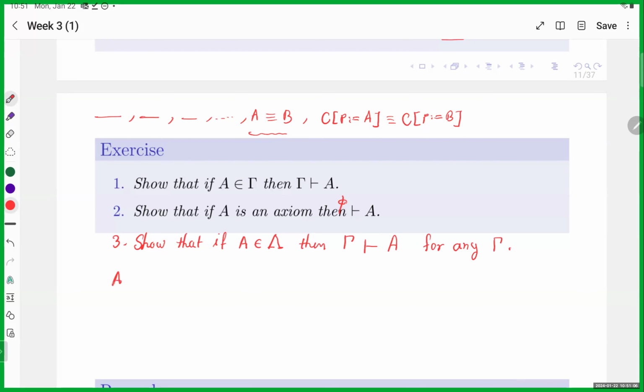At any step, I can write an axiom. So if A is an axiom, I wrote a proof for it. For example, P or P equivalent to P is an axiom. Therefore, it's an absolute theorem.